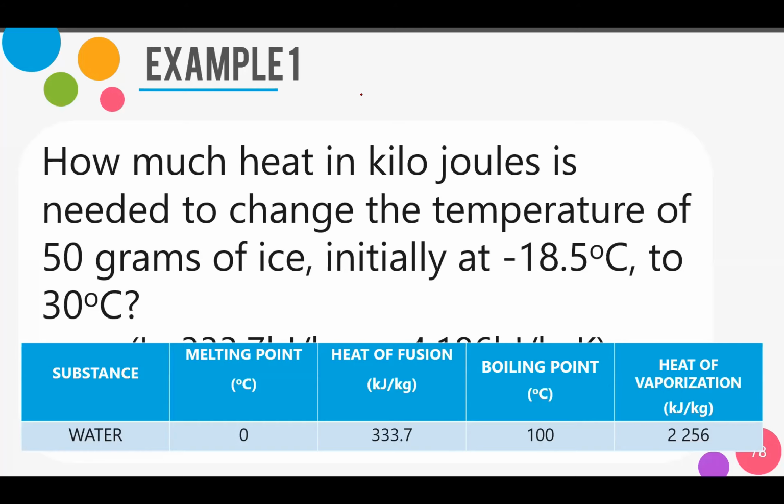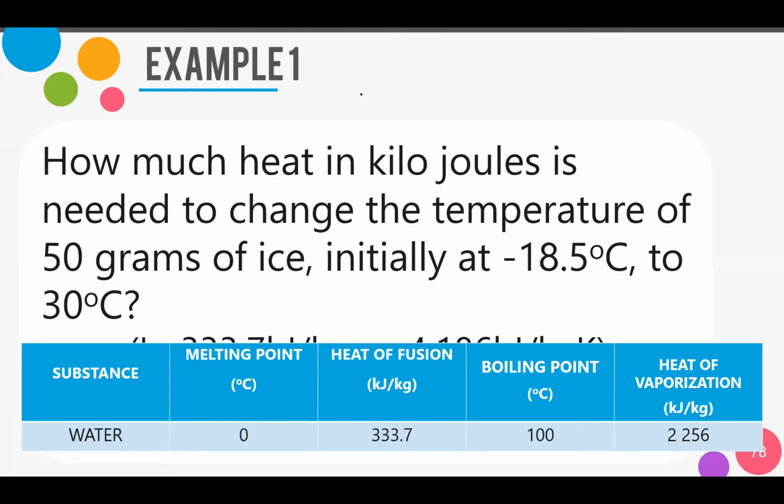Okay, so meron na tayong heat absorbed from negative 18 degrees Celsius to 0 degrees Celsius. Then after that, kunin na naman natin ang heat absorbed ng ice the moment it undergoes the process of changing its state from solid to liquid using the specific latent heat.